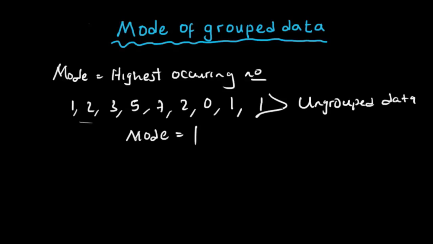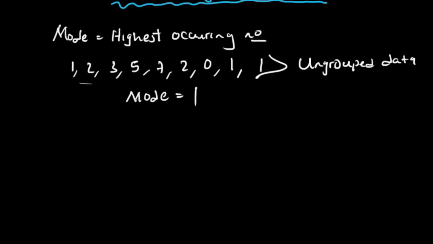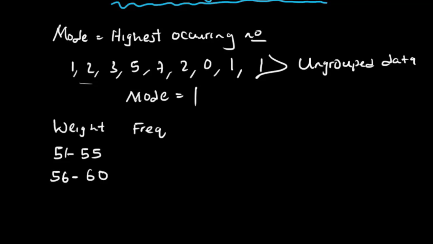Now the question is, how do we calculate the mode of a grouped data? To explain this, let me give a brief example of a grouped data. If I've got weight and frequency, and let's say we have 51 to 55, 56 to 60, 61 to 65, and 66 to 70, with frequencies 3, 1, 1.